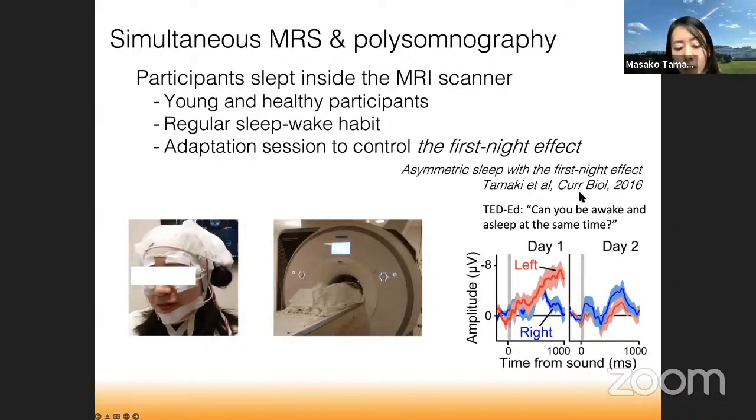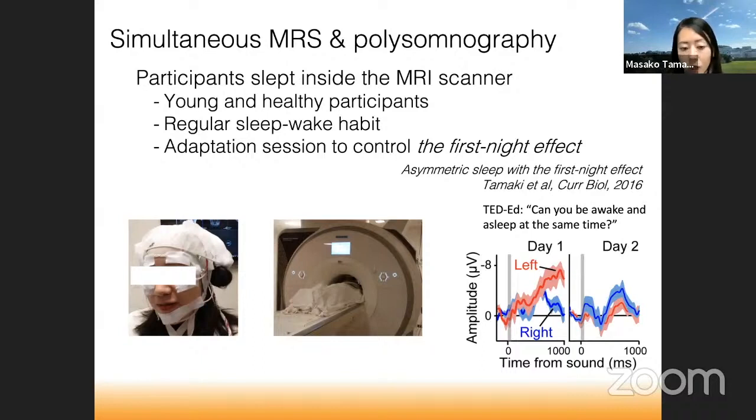But we also found in the studies that when people suffer from the first night effect, the depth of sleep showed asymmetry between the left and right brain hemispheres. The lighter sleeping left hemisphere was actually monitoring the environment. And when the left hemisphere catches rare auditory stimuli, people can actually wake up and respond faster to the sounds.